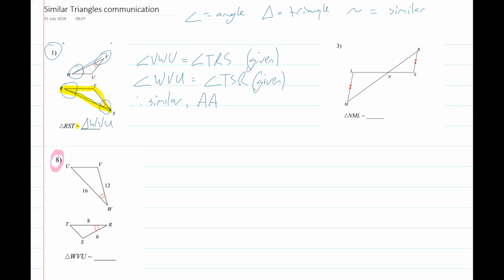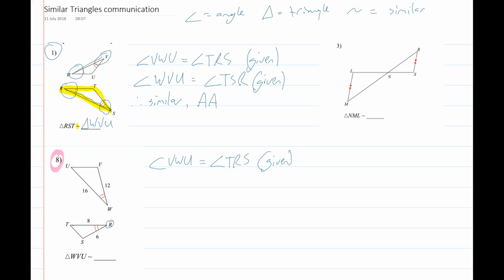Let's write down the information we know. Start with the angles. Angle VWU is equal to angle TRS, and we know that because they told us. It's given.